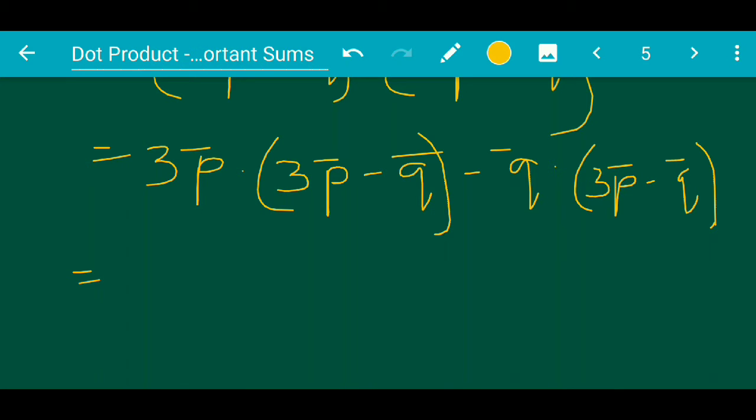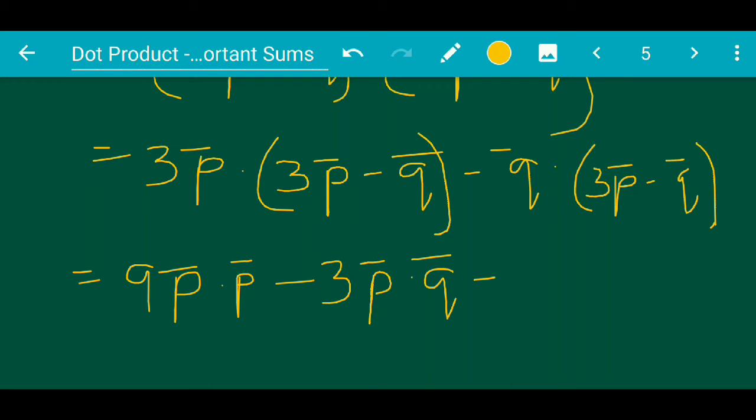Which comes out as 3p into 3p, 9 p bar square. Or let me write it as p dot p so that it is not so confusing for you. So p dot p minus 3p dot q, again minus 3 q dot p.